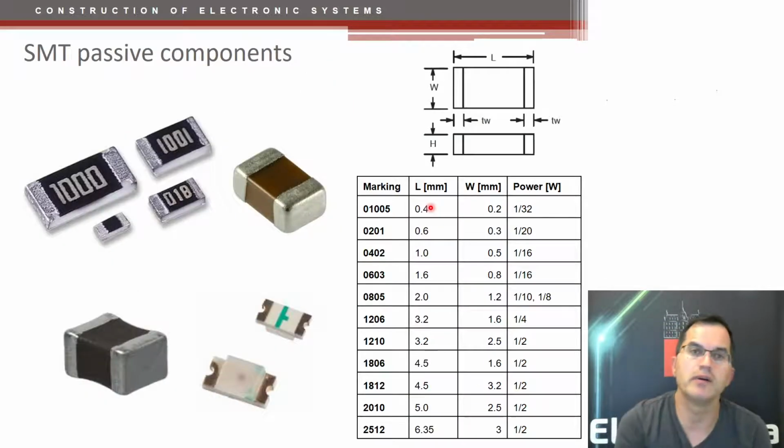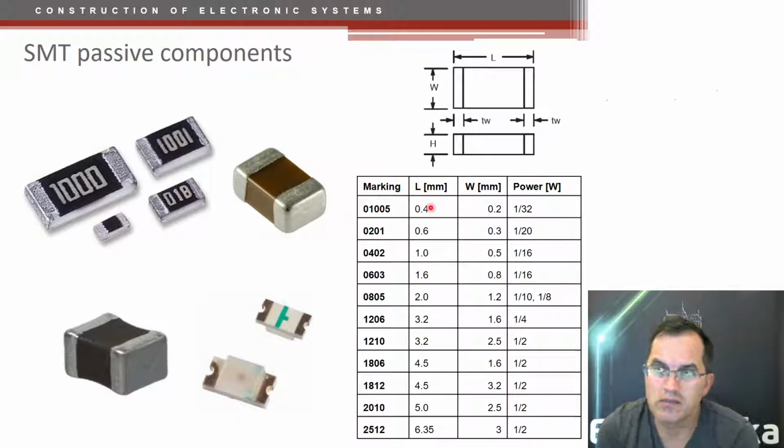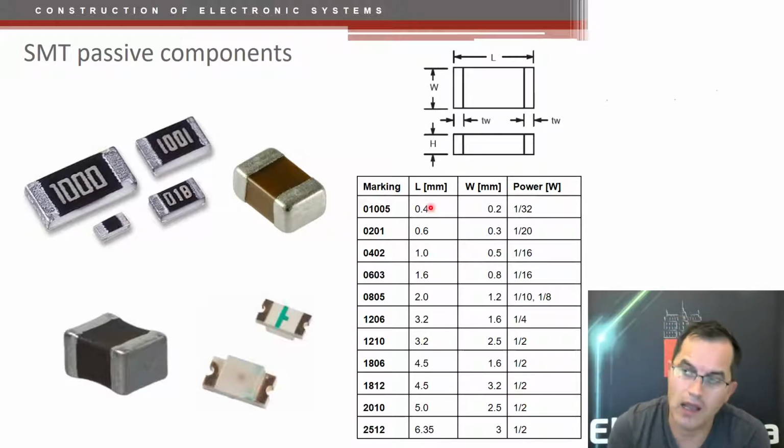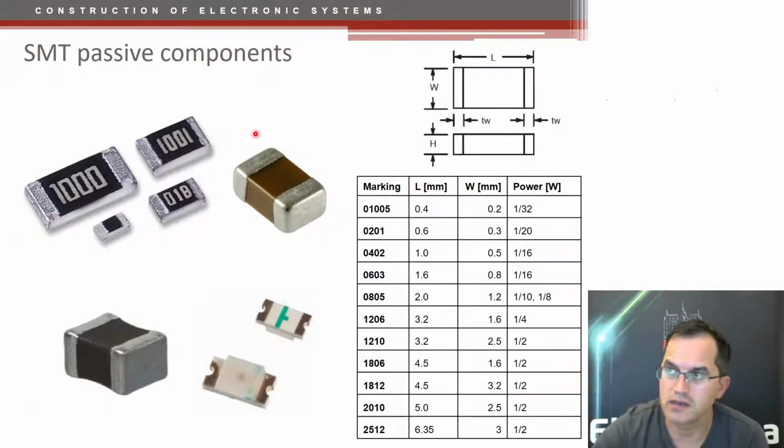Going to the passive components, SMT passive components are resistors, diodes, LEDs in this case, capacitors, and coils. Resistors are the most common, and capacitors as well.